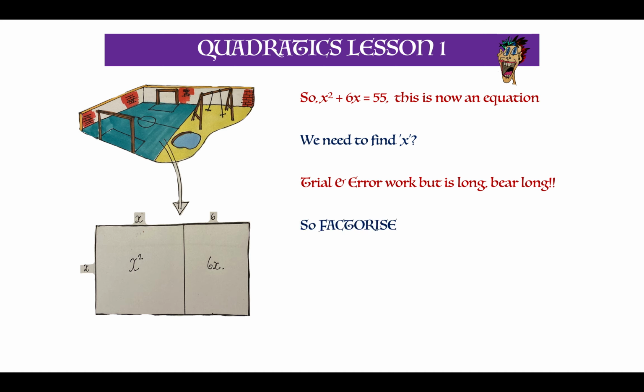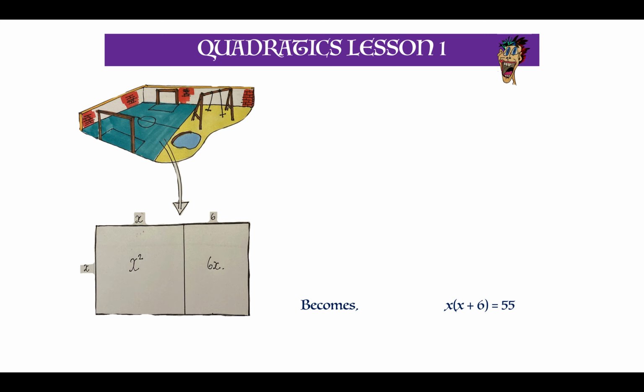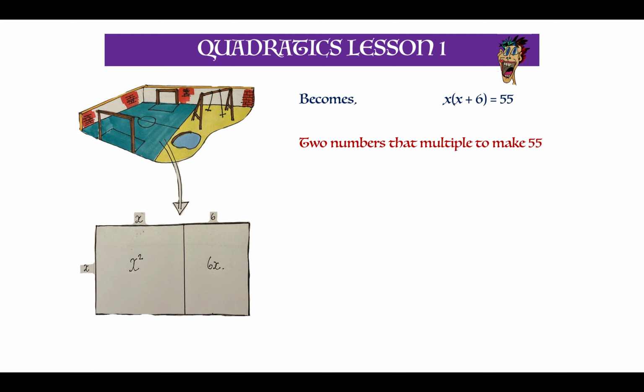So I'm going to factorize, meaning I'm going to take out a common factor in this equation, x squared plus 6x. I'm going to take out what's common, and as you can see, I can take out the x, and it becomes x bracket x plus 6. So I am now going to look for two numbers that when multiplied together make 55. Yes, it's a bit of trial and error, but it's a lot quicker.